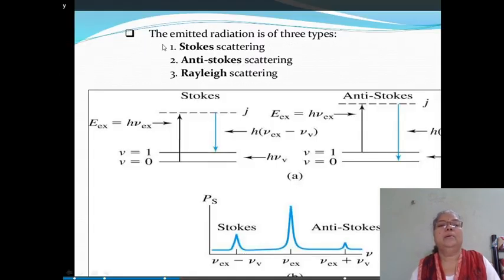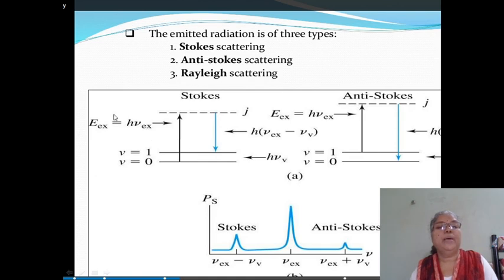Here the emitted radiation is of three types, and these are called Stokes scattering, anti-Stokes scattering, and Rayleigh scattering. Suppose here we have the vibrational energy level, that is v equal to 0, and this is our vibrational level v equal to 1, the excited state vibrational level.